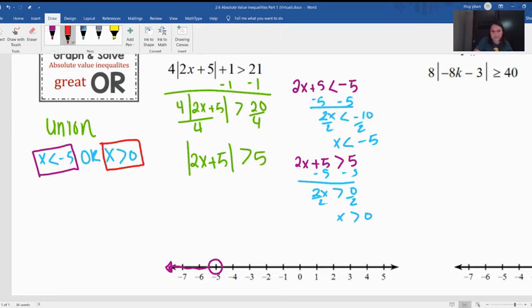Then we have x is greater than 0, so at 0 it's going to be an open point, and it's going to go to the right. Okay, so that's a true statement. That's an or, right? It's saying all your solutions to the left of negative 5, and all your solutions to the right of 0, or greater than 0.